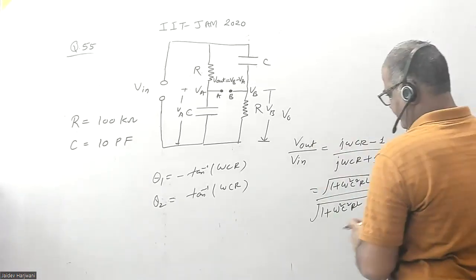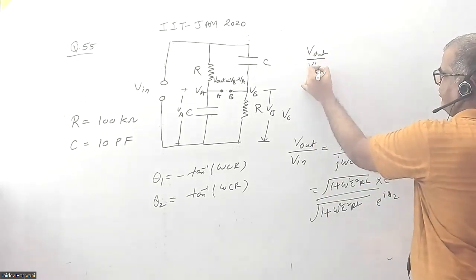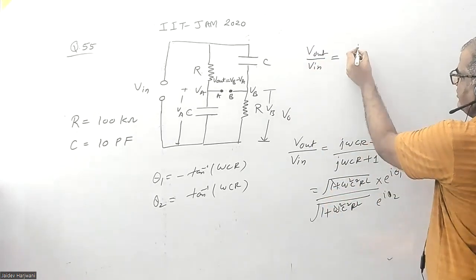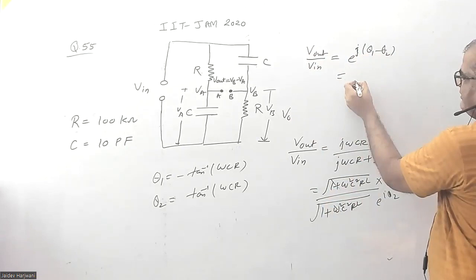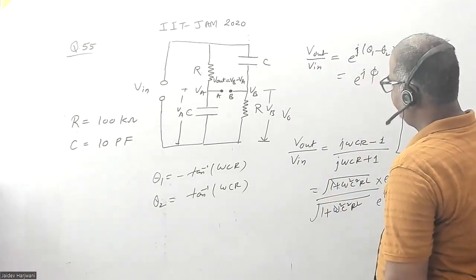So for the total, V output upon V input, the magnitudes cancel, and this will come out as e power j (theta 1 minus theta 2), and I'm writing it as e power j phi.